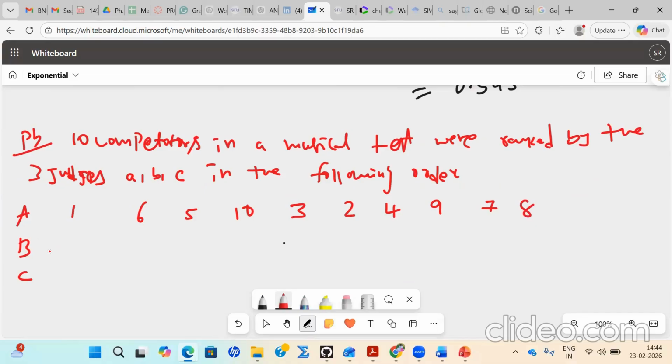Similarly, Judge B has given 3, 5, 8, 4, 7, 10, 2, 1, 6, 9.